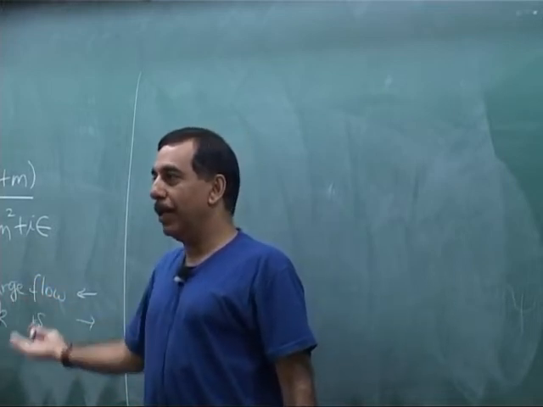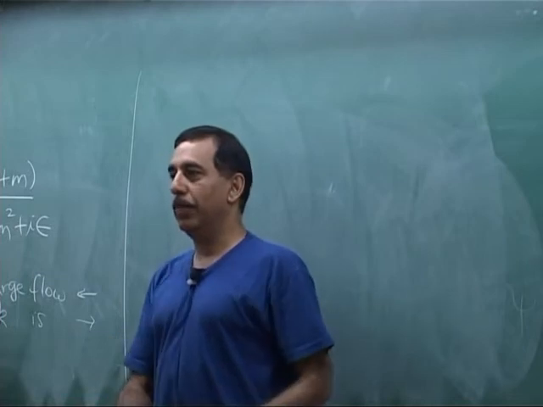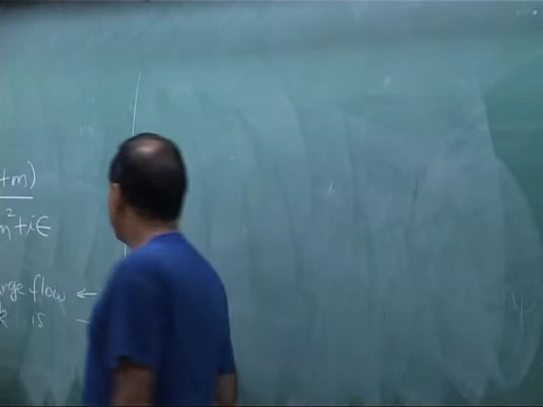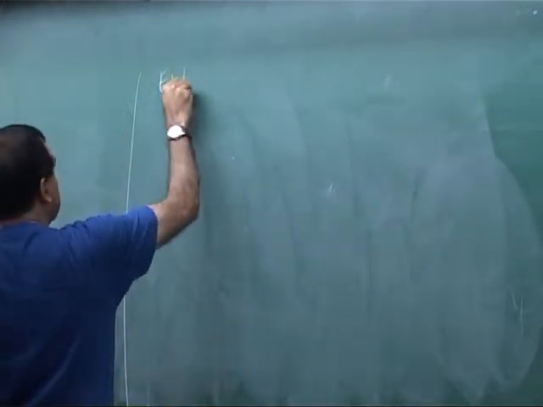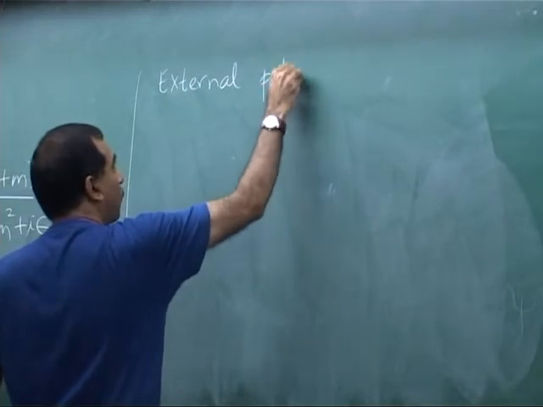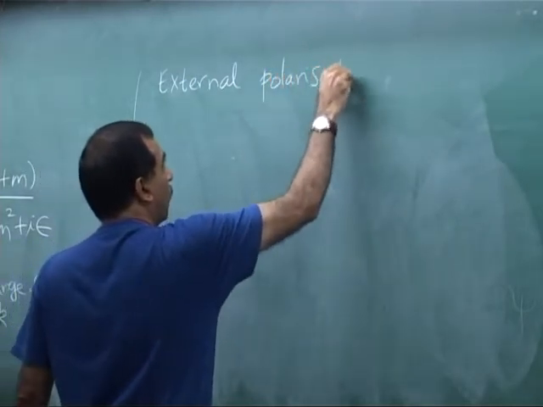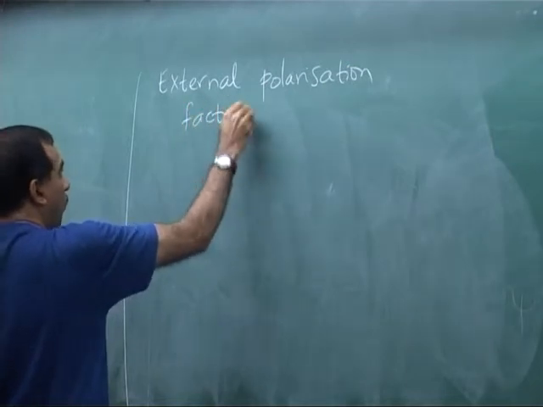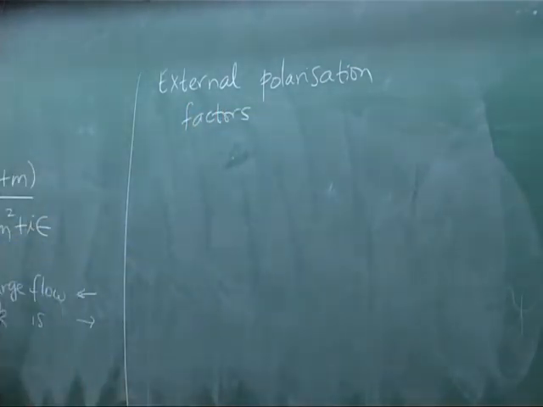So I have to put in that information, what polarization I prepare it with or what polarization I detect. So there are external polarization factors. There's nothing very surprising about them except that we have to keep track of the signs.